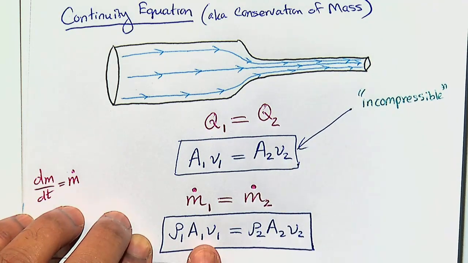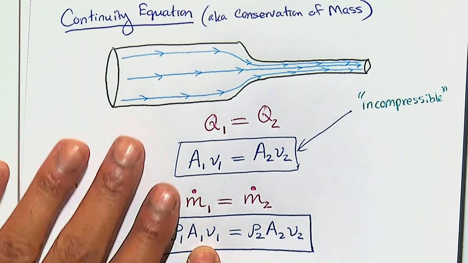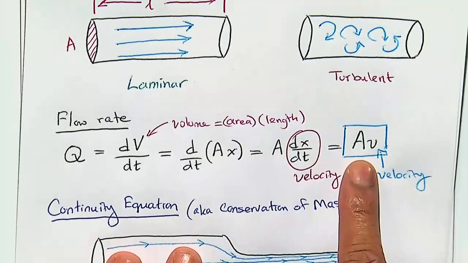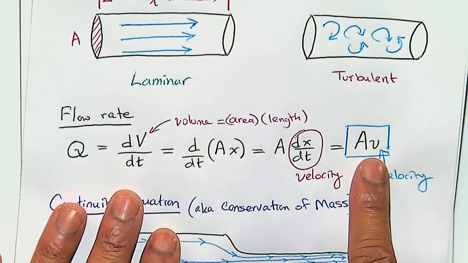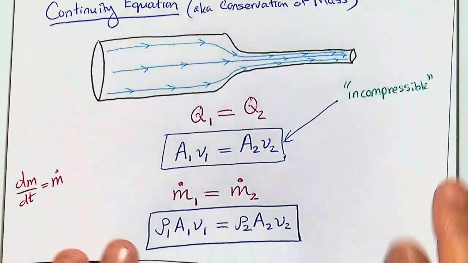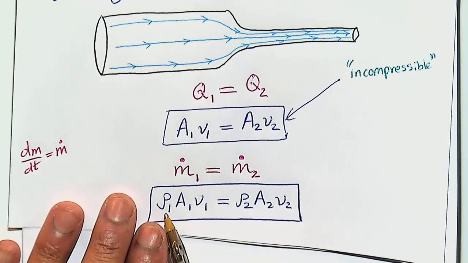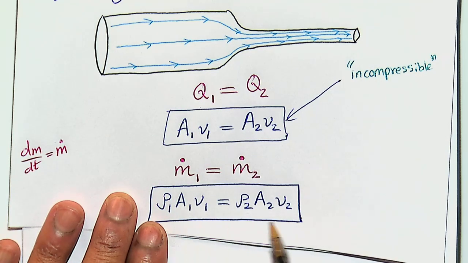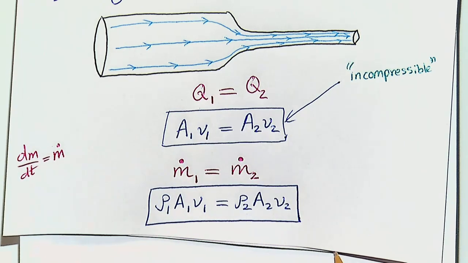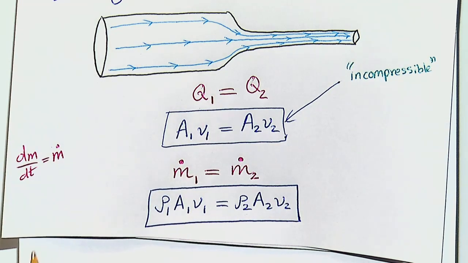And if you check the units, it works out, because the units of area times velocity is volume per time. If you check the units of this, density is kilograms per meter cubed, mass per volume, and what you're going to have is kilograms per second on both sides.